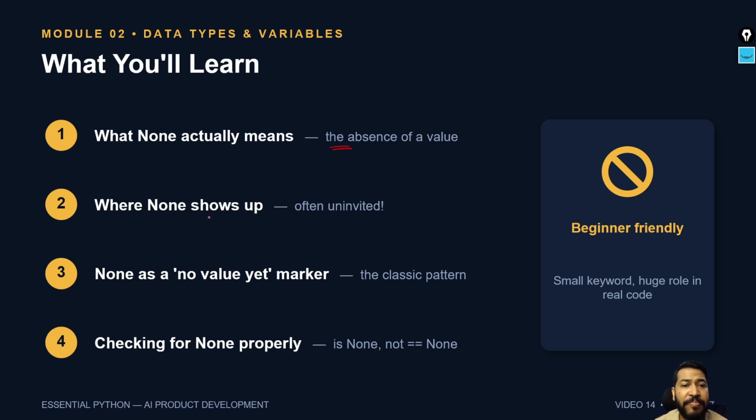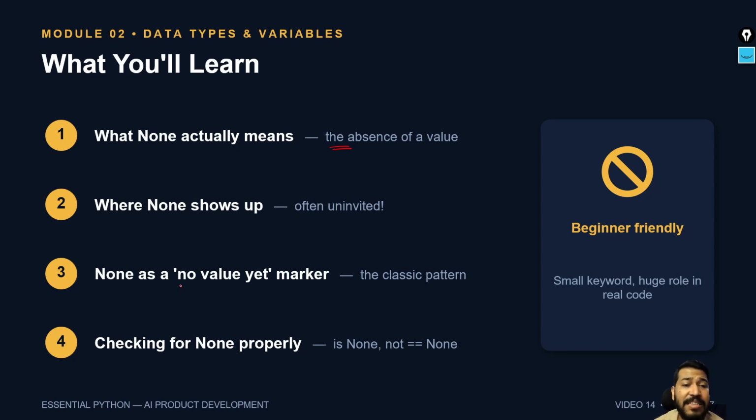Then, where None shows up often uninvited. There are many situations where we are not expecting a None value, but somehow these bugs, or uninvited values, get introduced in your Pythonic application flow, and your flow breaks. So you need to understand how to handle that situation if you encounter the None data type.